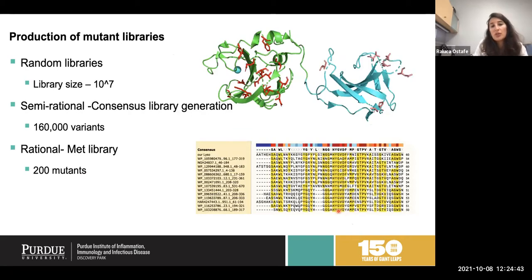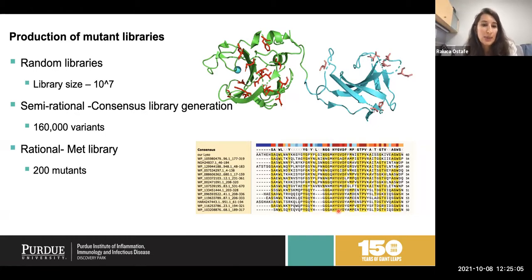We did this for glucose oxidase, and originally we started with a completely random library where we produced a library size of 10 to the power of 7. After we got some preliminary information based on the original screen, we continued with a semi-rational approach where we narrowed down the parts of the enzyme that we wanted to further mutate.